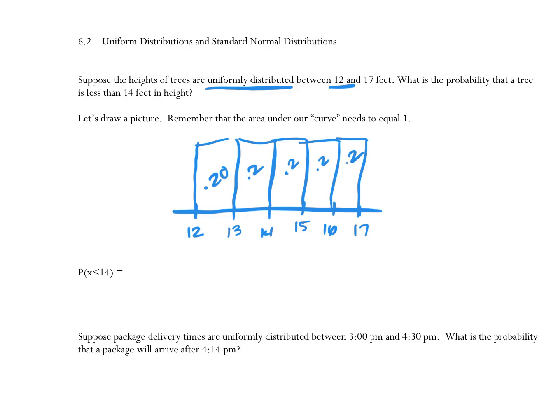Now, because these are all the same, we can just add stuff together. So if I ask you what is the probability x is less than 14, I can shade less than 14 and say what area have I shaded? And the answer is 40%. No problem.